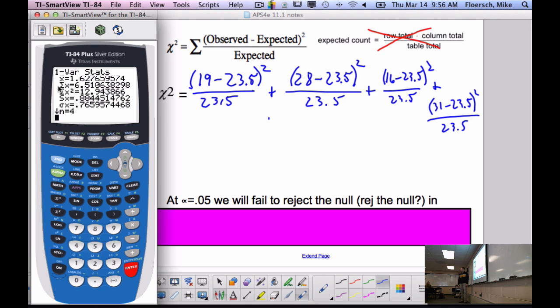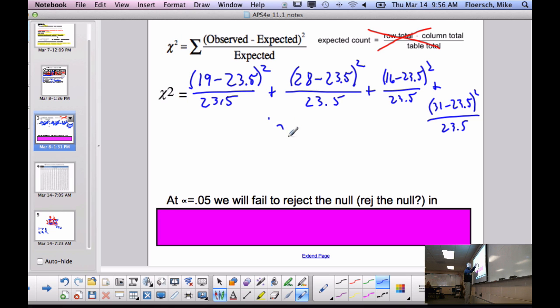With me? So I know if I go back here that my chi-squared was 6.51. Great, but that doesn't tell me my p-value. All it tells me is my chi-squared if I have all those numbers.